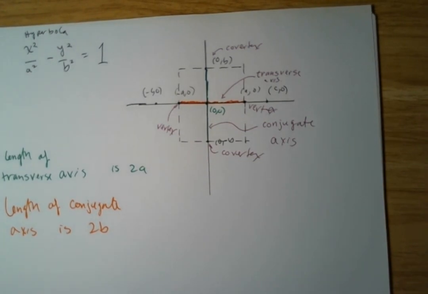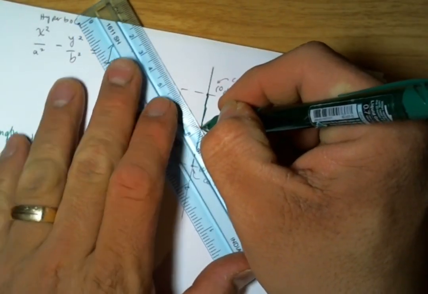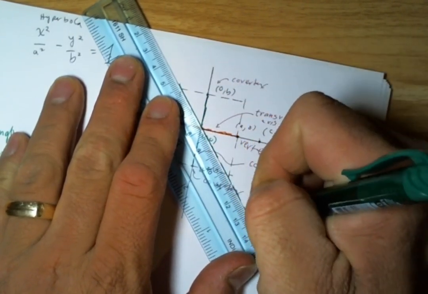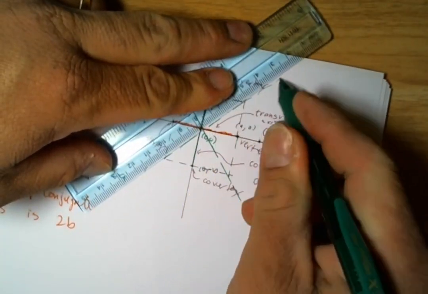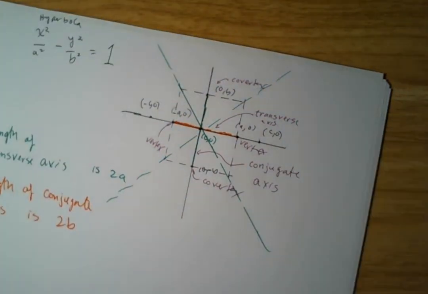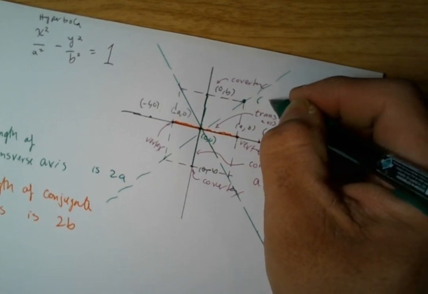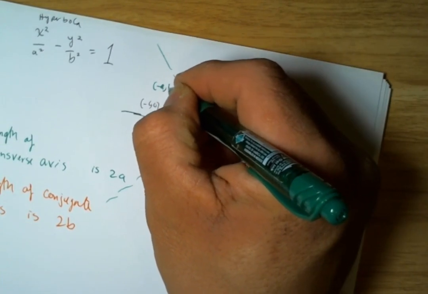Now another thing that we're going to have here are asymptotes that guide where our hyperbola is going to go. The asymptotes go through the origin and this little box that I drew here. So they're the diagonals of this box. Again, this point is a comma b, and this point is negative a, b.